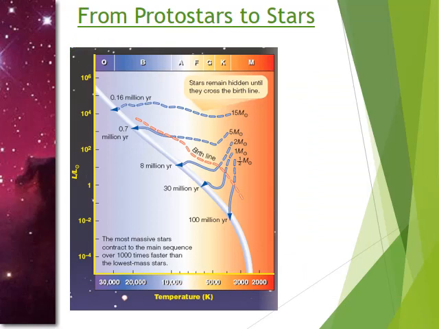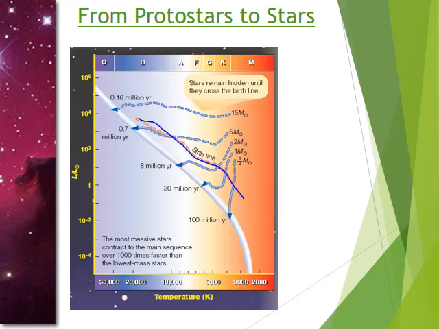So once you go from a nebula to a contracting nebula, things start to heat up. And once things start to heat up, they start to become more luminous. And so you get to a point where the star goes from being a cloud of gas and dust to an actual protostar and then to a star. And we have what's called the birth line. That's essentially when nuclear fusion actually initiates.